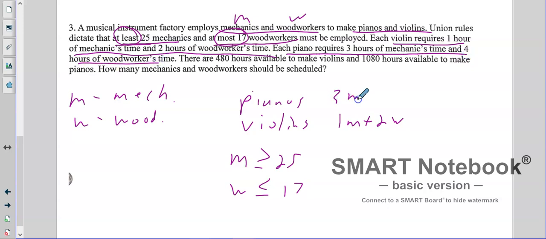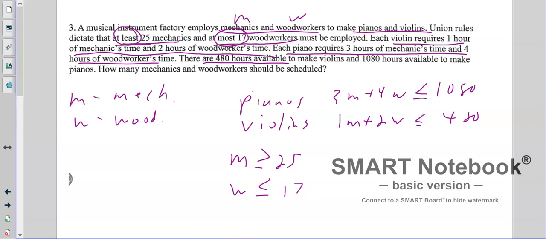So 3 mechanics and 4 woodworkers. There's 480 hours to make the violins, and there's 1,080 hours to make the pianos. That's the upper limit, so we go less than or equal, and that's our problem. We're done.